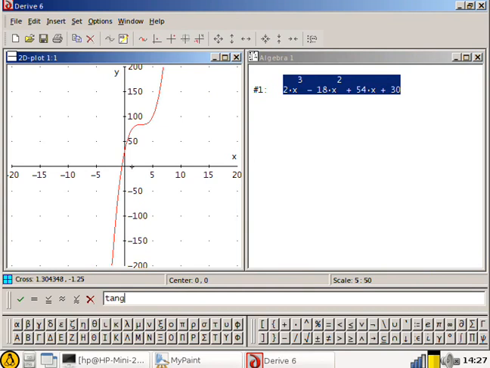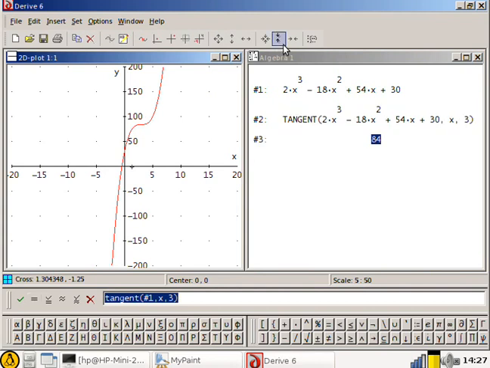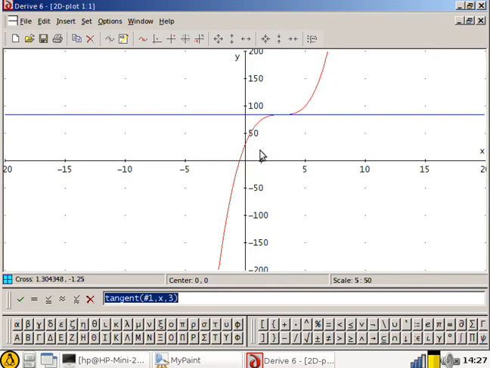Now, if I draw the tangent line here, something interesting happens. Now, this crosses the line here, but I said it crosses it only once for a tangent line.